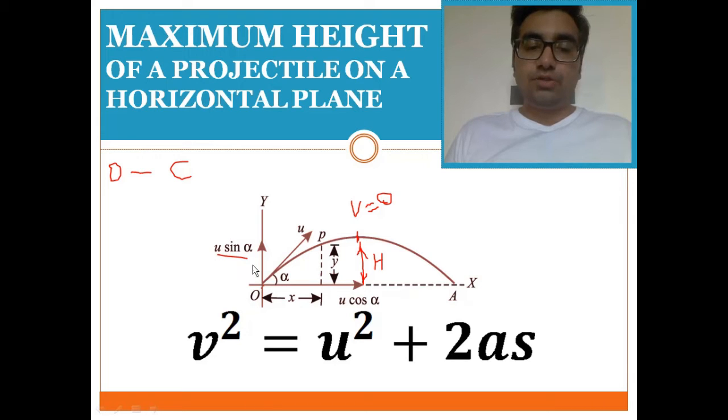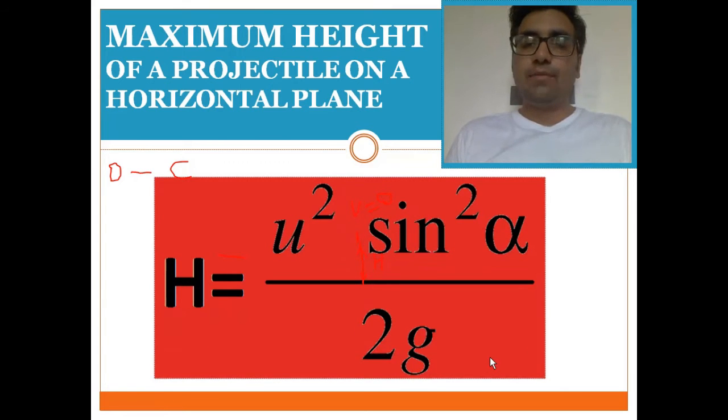Initial velocity is u sin alpha. What is the acceleration? Acceleration is minus g. And what is s? s is the height attained. So substituting 0, u sin alpha and minus g, we get the beautiful formula of maximum height attained by the particle, which is u square sin square alpha upon 2g.